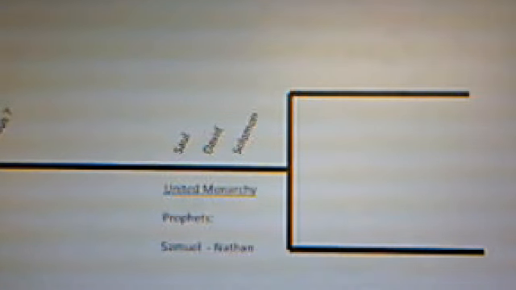Again, we talked about the relationship of the prophets and the kings and how David responded positively to the prophets. In your classwork next class, you will actually read a story about Saul and Samuel. You will also read a story about Solomon and another prophet who's often overlooked, the prophet Ahijah, and how their relationship plays out.